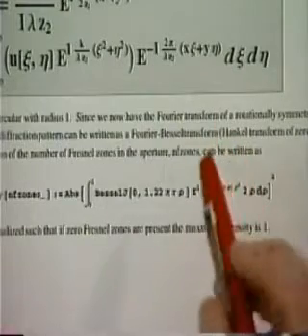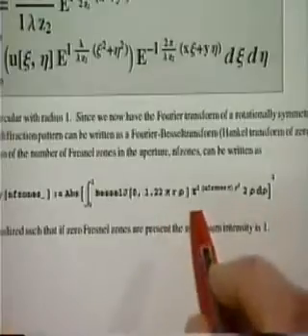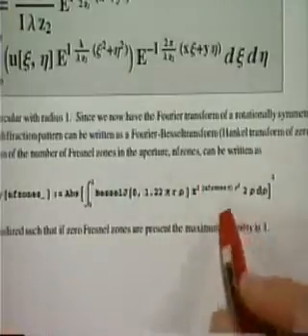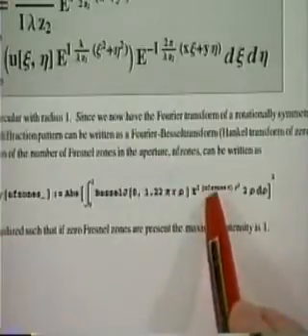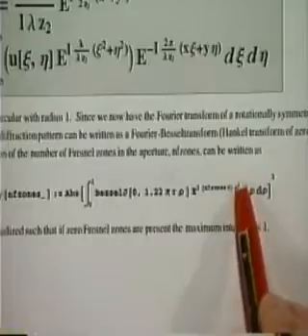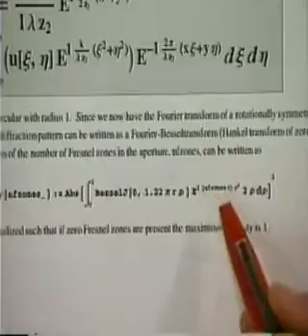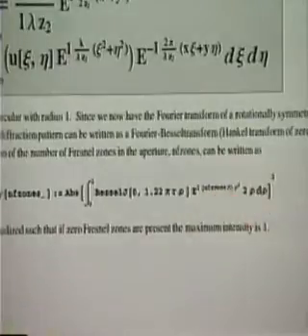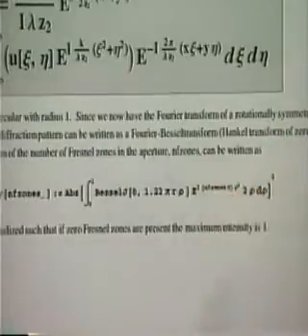The next thing I did, and I don't have this in a handout, although I will put it up on the website if you're interested, is I put in a phase factor that goes e to the i, number of Fresnel zones times pi times rho squared. And rho is right now normalized to go from 0 to 1. So N_F is the number of Fresnel zones that we have in the aperture. I first plug in 0, in which case what we're really going to have is Fraunhofer diffraction, which we will get to later, but I'll just show a curve for that now.